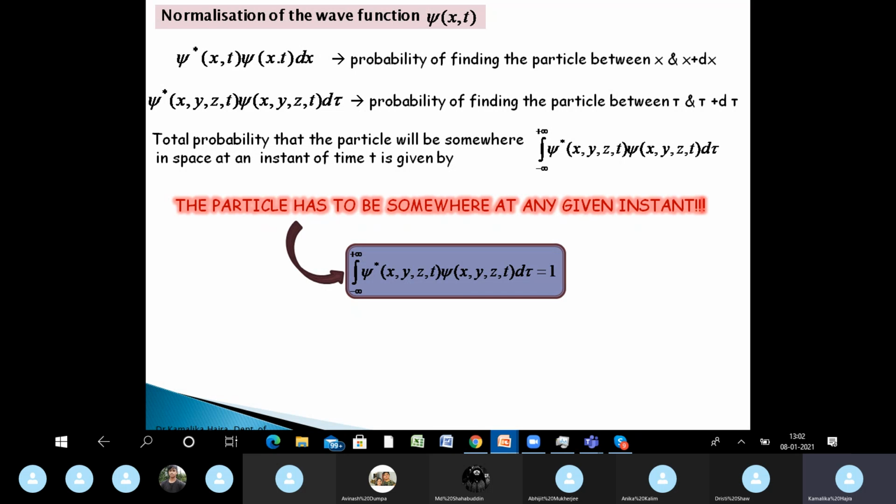But if there are 10 boxes and I have told you that the duster is in a box, then the probability that you will get the duster in at least one of the 10 boxes, that is for sure. You might not know in which particular box you will get the duster.